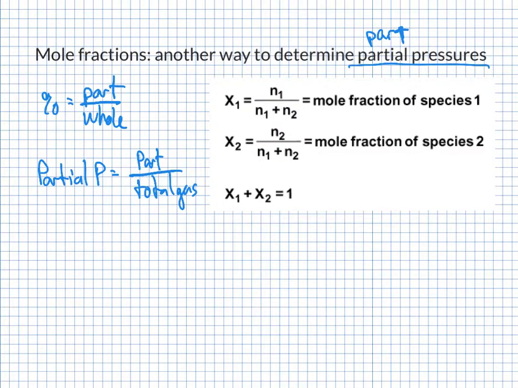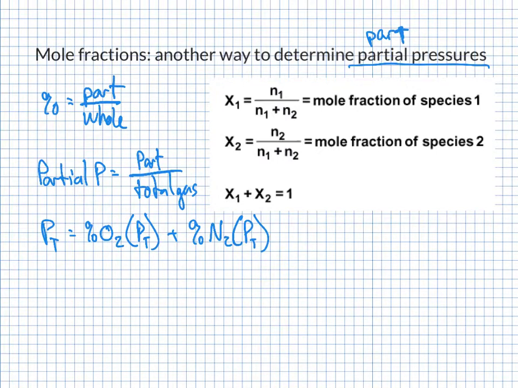Another way to do that would be to think, so the P total would be, say, the pressure of oxygen, or the percentage of oxygen that exists. So the percent of oxygen times the P total, plus the percent, say, of nitrogen times the P total, that sort of thing.